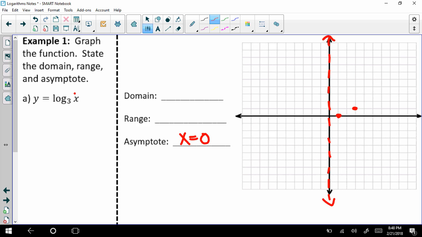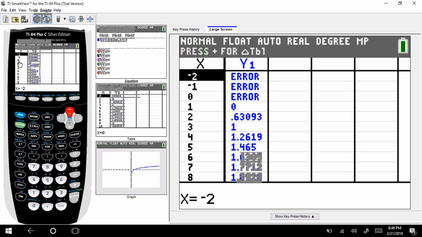So if I were to put parentheses around this, this is actually x plus 0 when there's nothing else in there with the x. So then your asymptote is going to be inside with the x. Okay, so this one happened to be 0. And if you're not sure, you can always look at your graph. So like I was saying, if I look at my table, wherever that first error occurs after you have a normal number like 1, 0, wherever it says error first, that is your asymptote. So that's another hint as to how to find your asymptote.